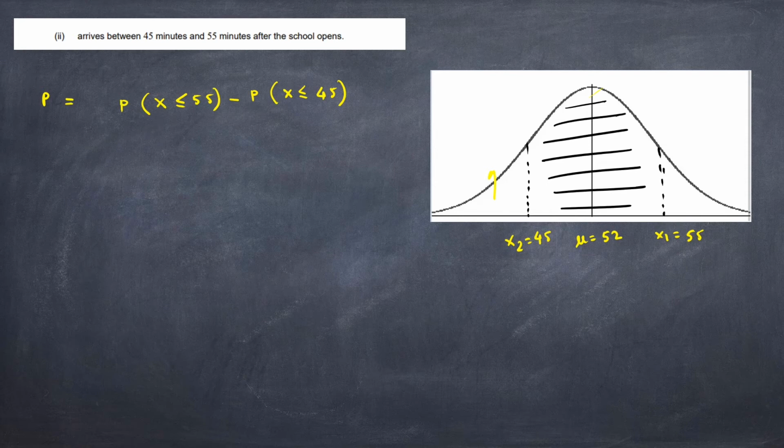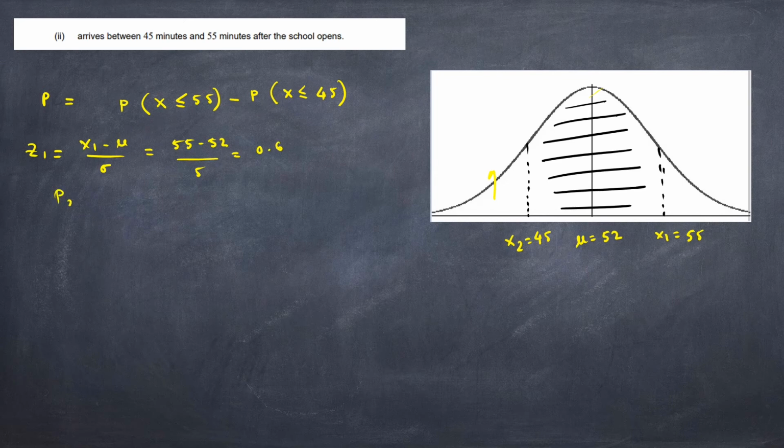So first of all, Z1 will be x1 minus mu divided by sigma. So our x1 is 55, minus 52, divided by 5. So here the Z1 value will be 0.6.